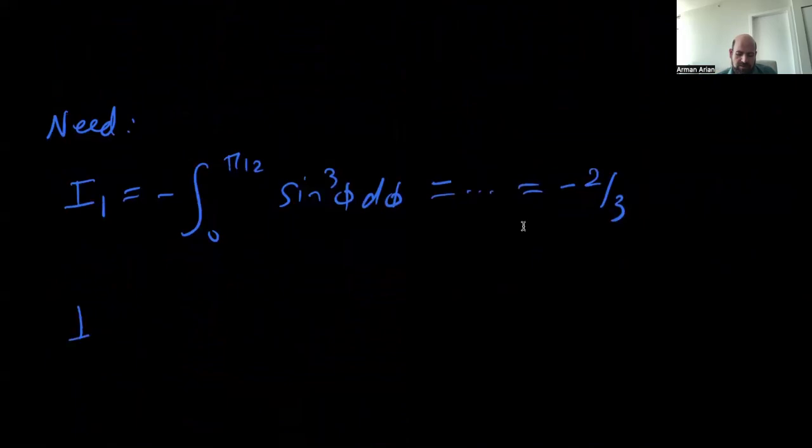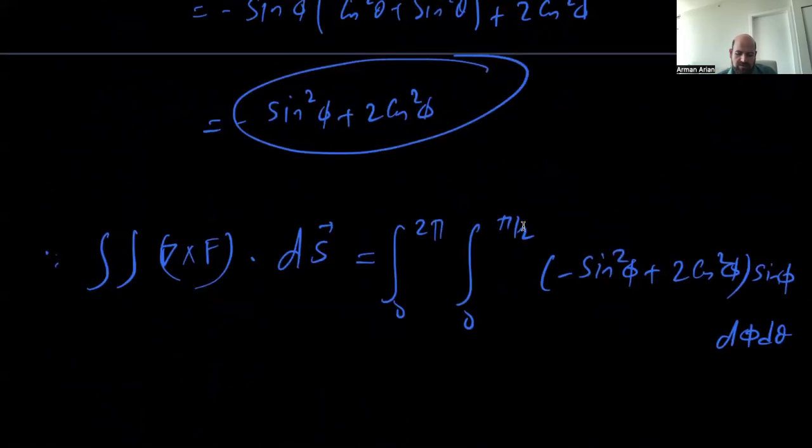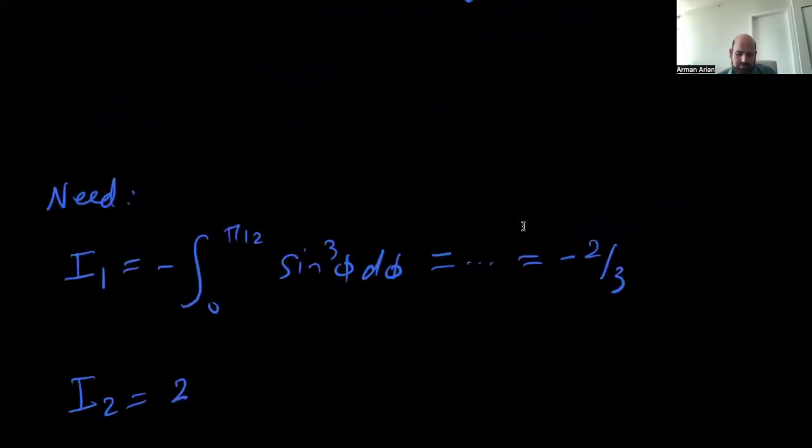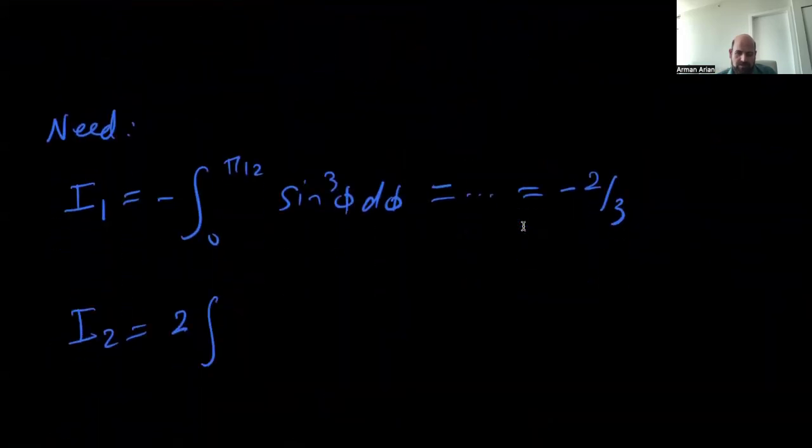And then we also need I2, which is 2 times this extra factor 2 here, integral 0 to pi half cos squared phi sine phi d phi. This one can be done with a simple substitution. You'll see that this is 2/3.